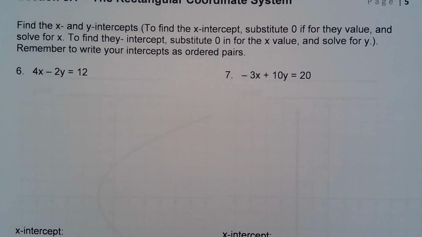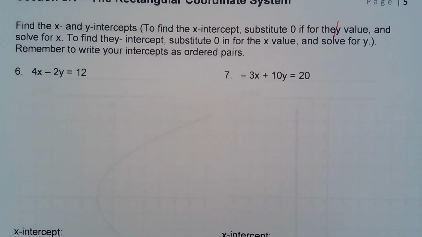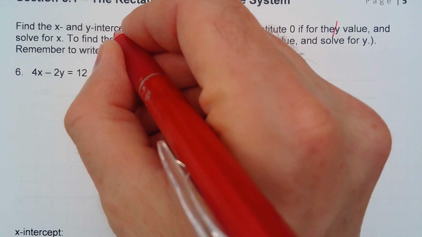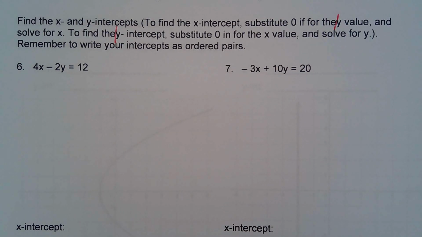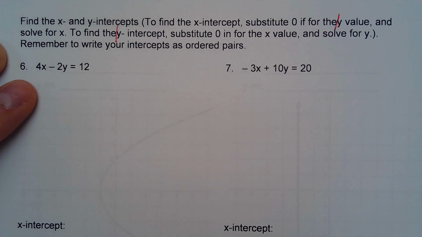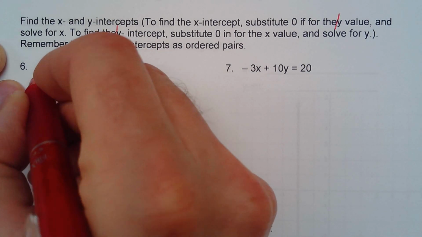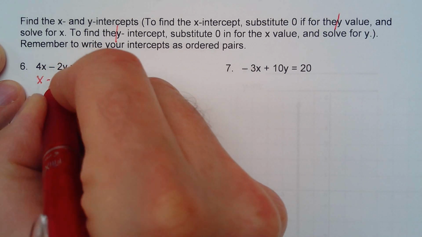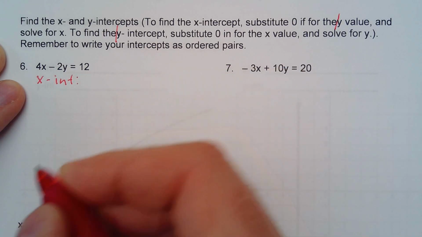To find the x-intercept, we're going to substitute 0 for the y value and solve for x. To find the y-intercept, substitute 0 in for the x value and solve for y. So to get my x-intercept, I'm going to set y equal to 0 and solve.